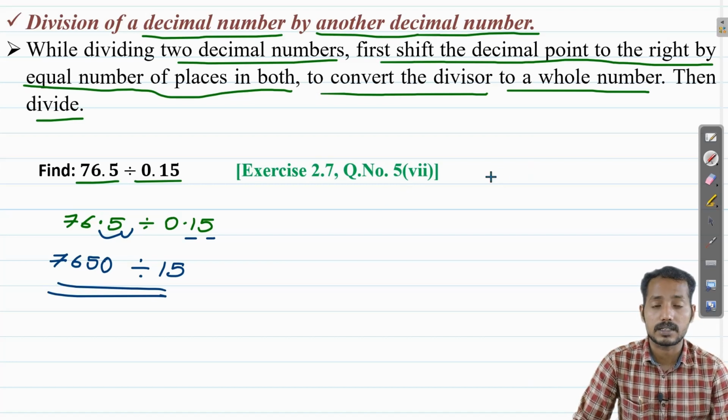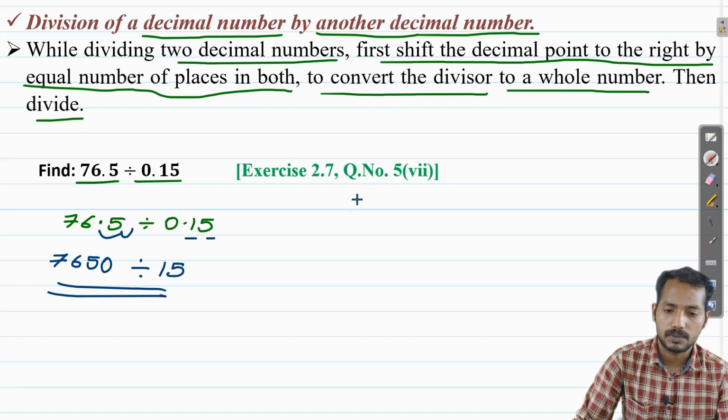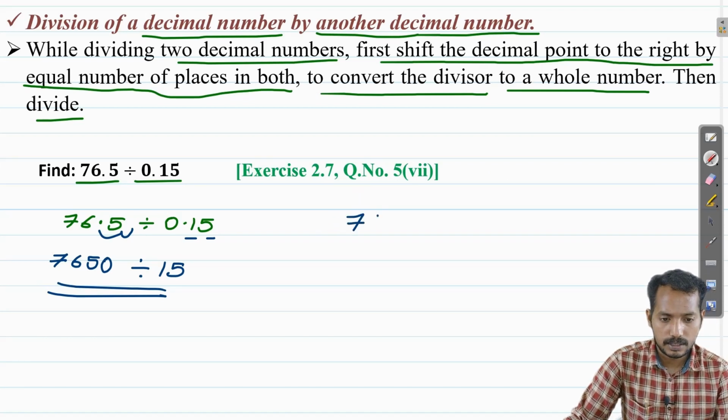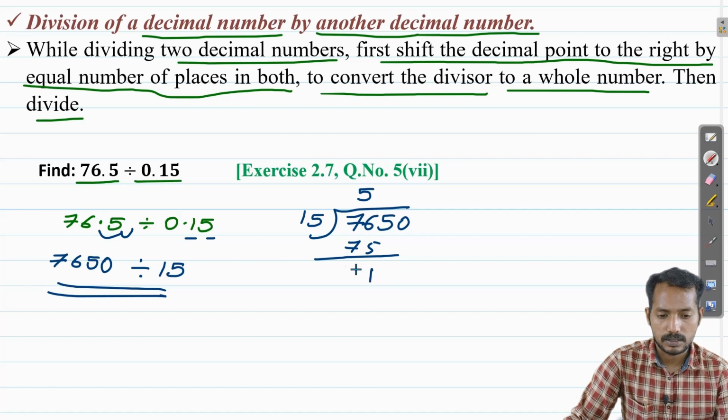But we already discussed how to divide a number by a whole number, so no matter. So divide 7650 by 15. You will get 75, that is 5 into 15 is 75. Then 0. Again bring 5 here. 15, 0. One more 0.